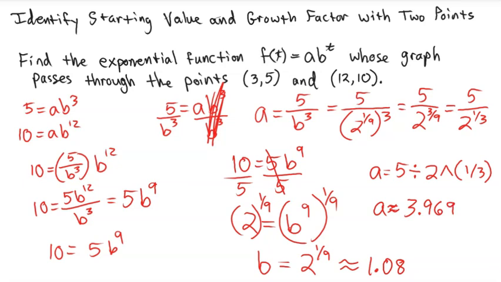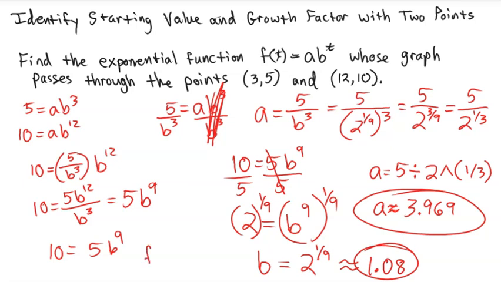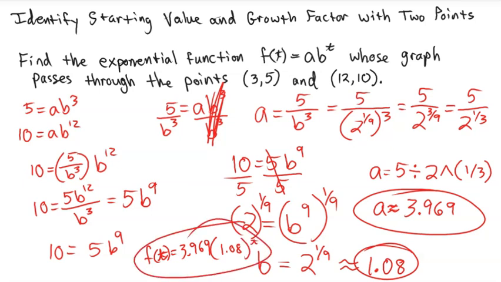Okay? And so we have a solution for a, and we have a solution for b. And so now we could say that f of x is equal to 3.969 times 1.08, or it's not f of x, it's f of t, to the t power. Okay? And so we found a solution for a and b.